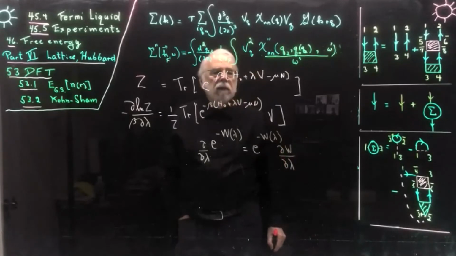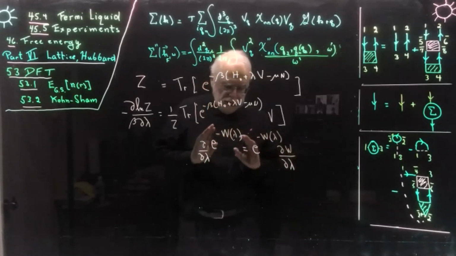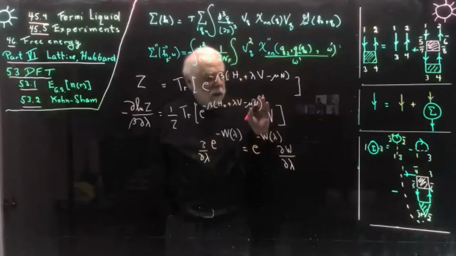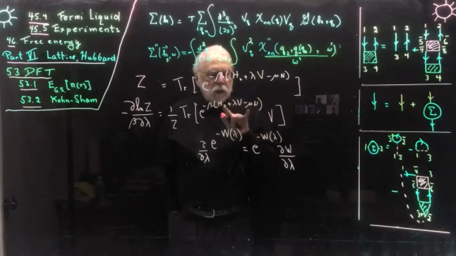This is only true when dW over d lambda commutes with W. Another way to see this, which is more convincing, is to do a power series expansion of the exponential.